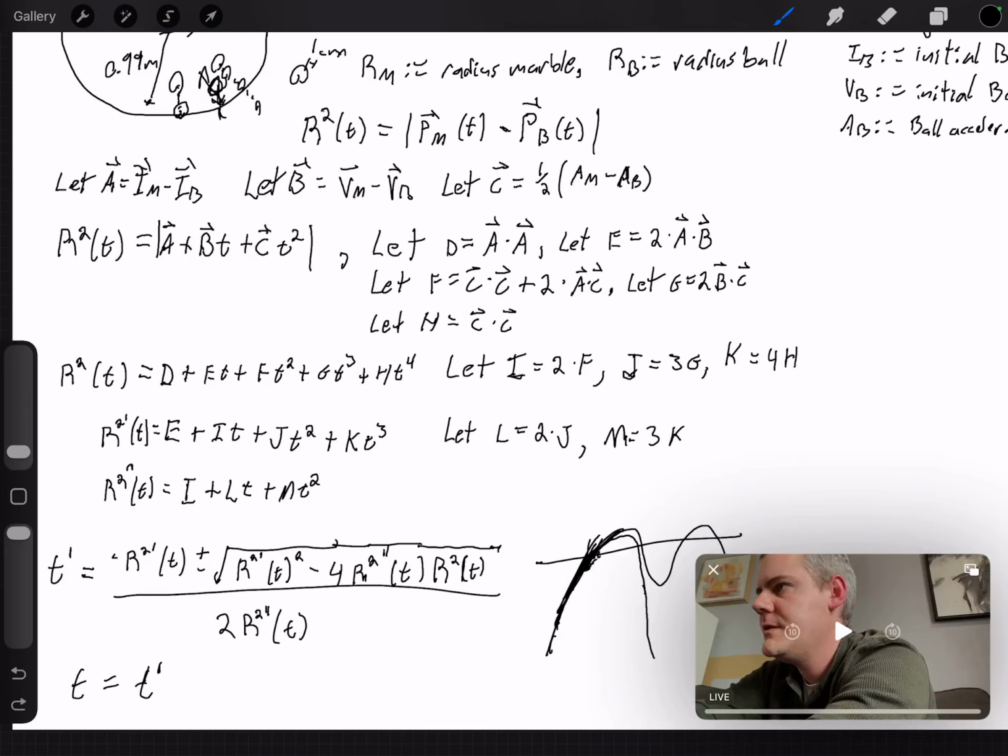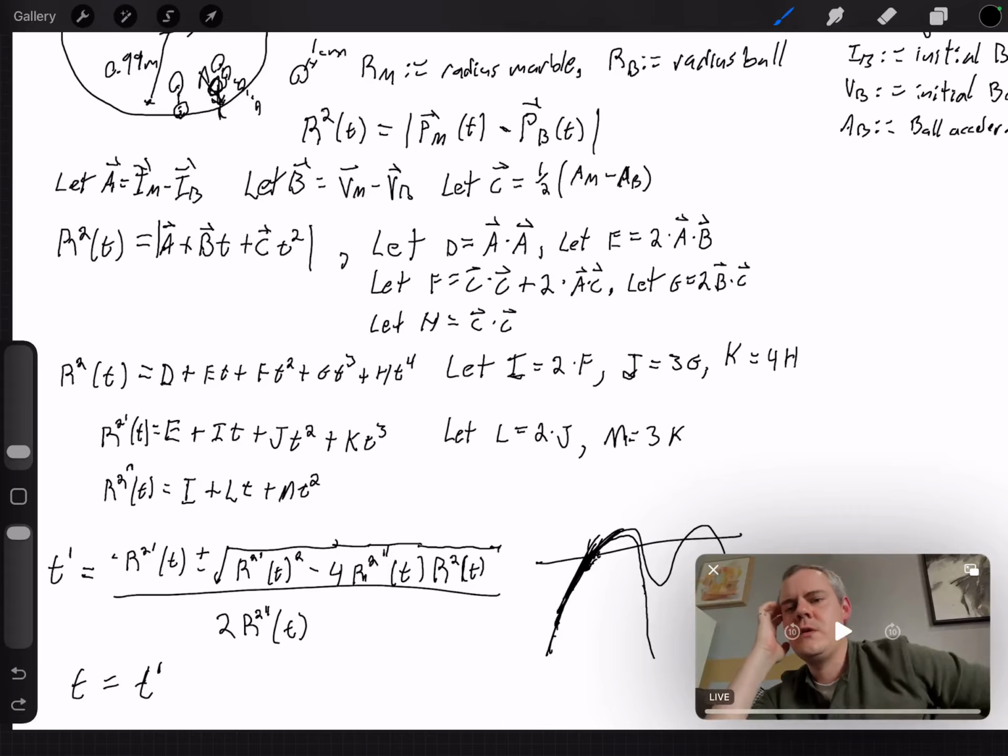Two times AC. That one actually doesn't have to change. I confused them, but now they're swapped, so they remain. Actually, I'll switch their position in the dot product just to say I did. C dot C. No wonder my code didn't work.